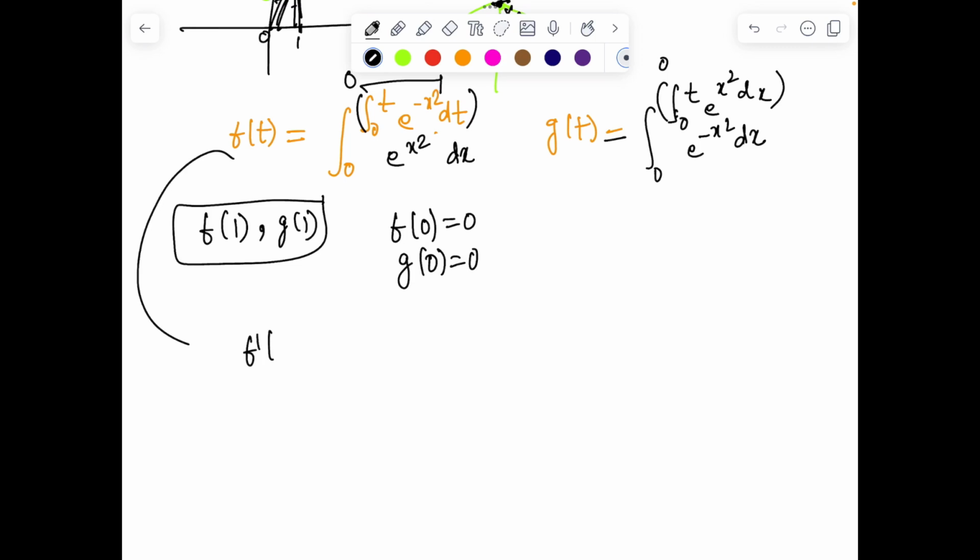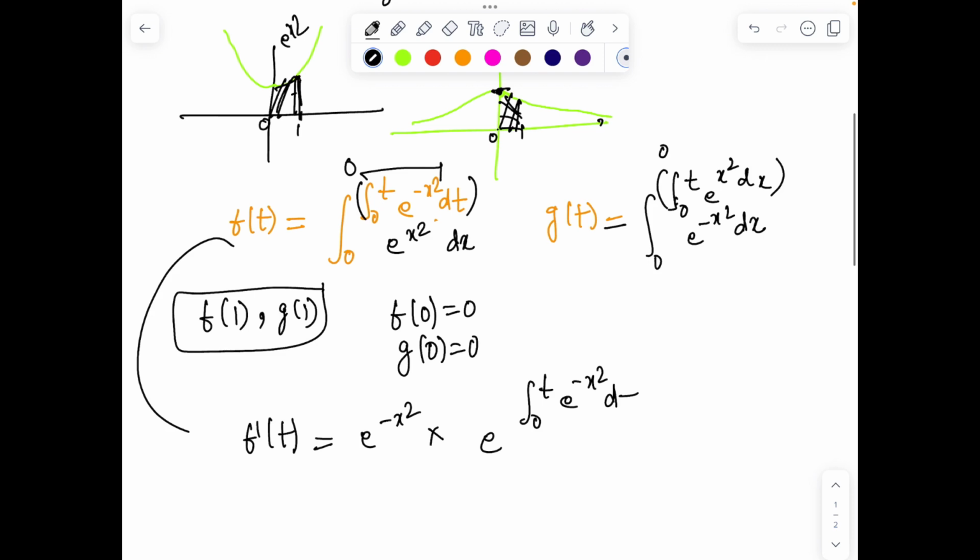So let's differentiate using the Leibniz rule. f dash t is the differentiation of our limit of integration, which is e to the power minus t square, and into that we'll put the upper limit in the expression. So we'll have e to the power of the integral from 0 to t of e to the power minus x square dx, whole square. This we are doing is nothing but simply bringing the Leibniz rule into the picture.